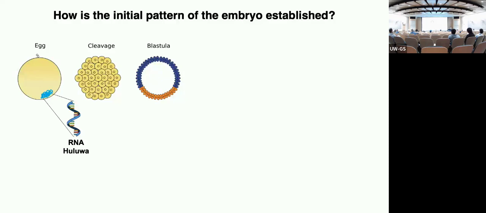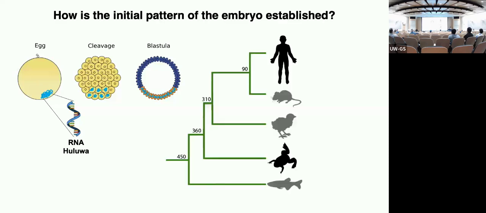The mother lays some genetic information here that ends up being inherited to one side of the animal. This is a pattern that exists before this gene expression first emerges.